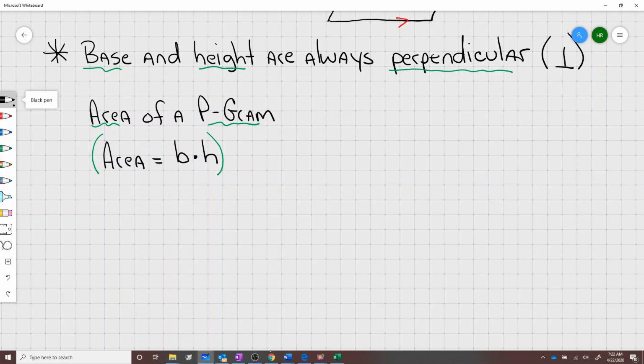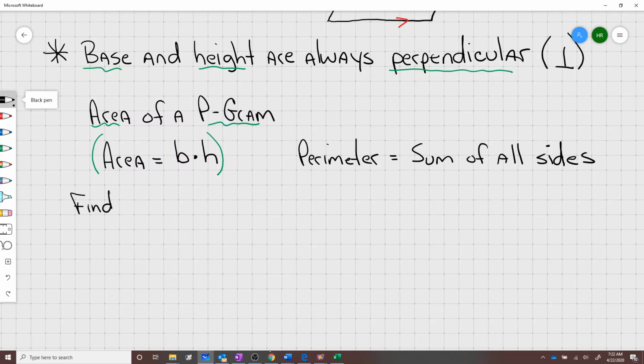So while we're here, let's say that the area is equal to base times height, and the perimeter is equal to the sum of all sides. The sum of all the sides. In these two example problems that I'm getting ready to do, we are going to find the perimeter and area of each p-gram.